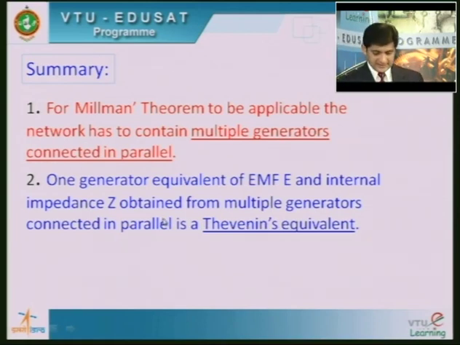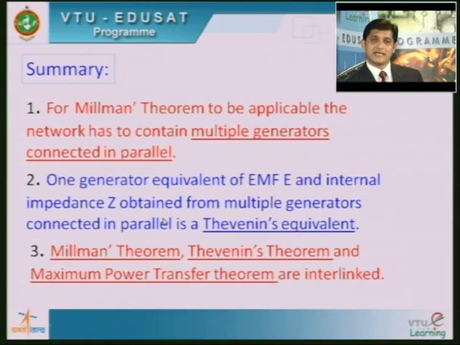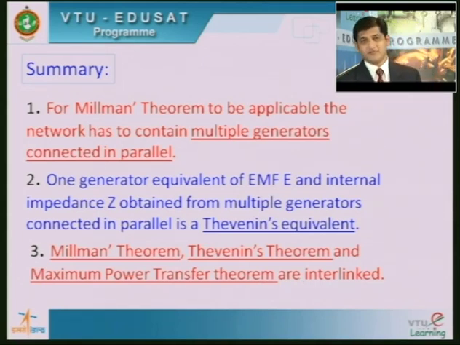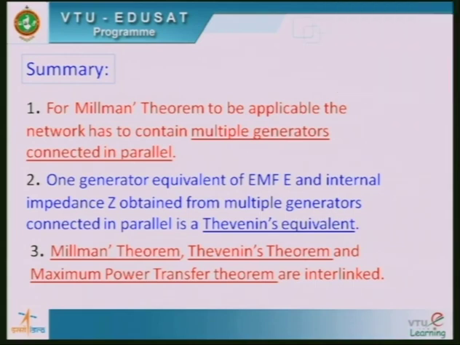And what is the third point that we can understand? Millman's theorem, Thevenin's theorem and maximum power transfer theorem are interlinked. Why this statement? We have seen it in the previous problem. We took Millman's and obtained the Millman's equivalent. The Millman's equivalent across the open circuit terminals is actually the Thevenin's equivalent.